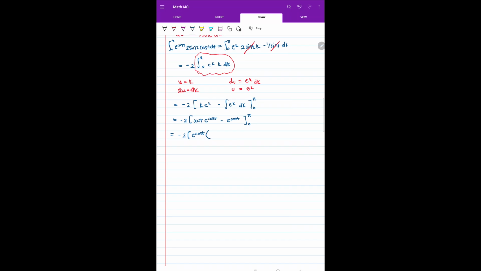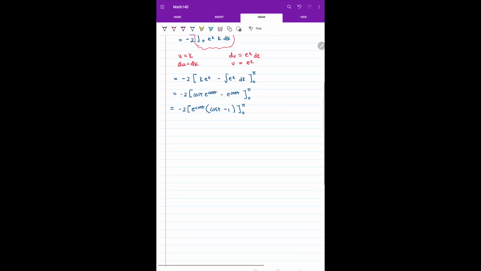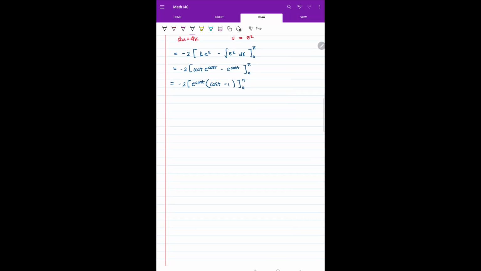I might be making this harder for myself, but I feel like if I do this, it's going to make it easier, but we shall see. So if I do that, then this disappears and then this becomes 1. Okay, we can clearly see that. Then we still evaluate this whole thing from 0 to pi. I think this should be easier. Yeah, that looks better. So now we can sub in.